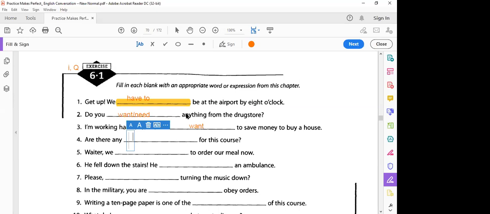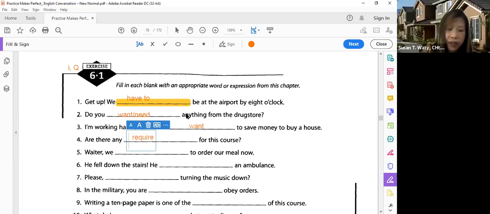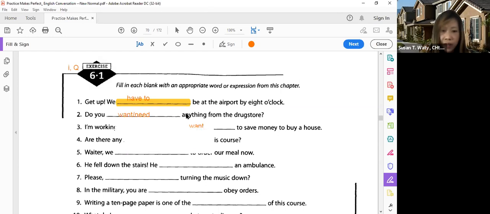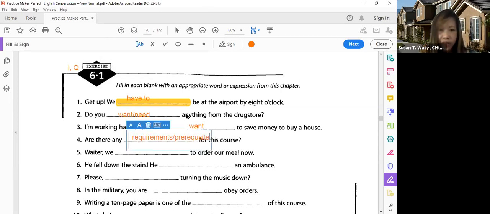Okay, are there any requirements for this course? Or you can use prerequisite. Prerequisite for this course. Okay, it's the same meaning.